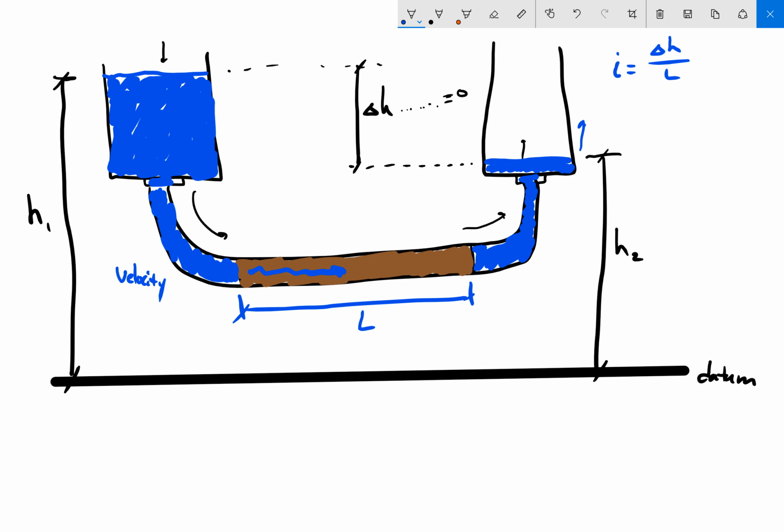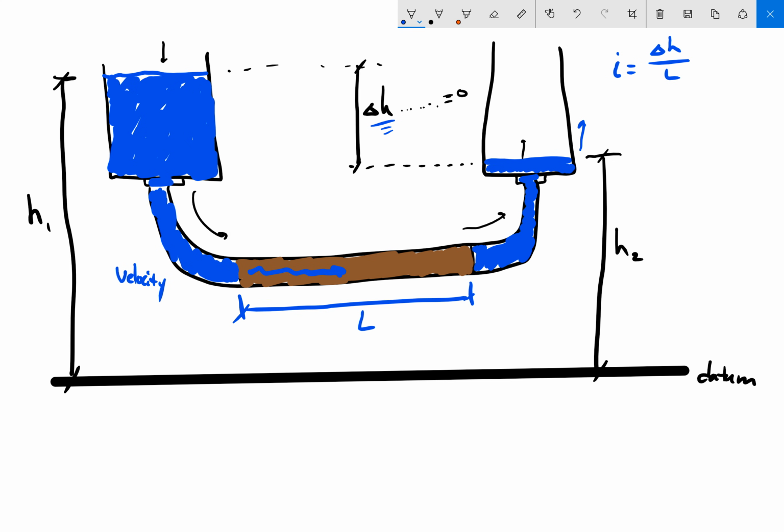But as the two water levels started to equal each other, and as the head loss started to approach 0, the velocity slowed down, and the rate of the drop in tank 1 was much more significantly slower than it was at the beginning of the test.